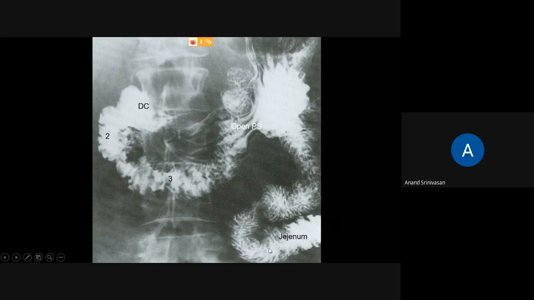Why can you see only the feathery appearance? It's because of the plicae circulares. Very good. Because of the plicae circulares, which increase the intestinal surface area, with villi on top helping in absorption, there is a feathery appearance.